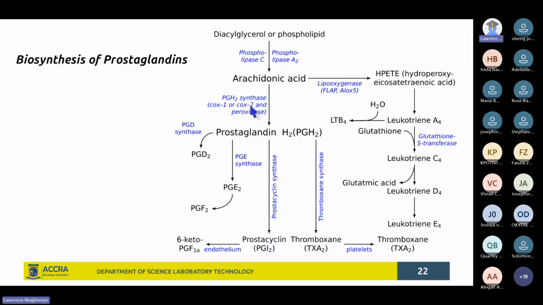So these are enzymes that catalyze some oxidative reaction in the biosynthesis of prostaglandins, and these prostaglandins, as I said, act as painkillers, analgesics. As you see, they produce things like prostacyclin and thromboxane. These two do two opposite things.